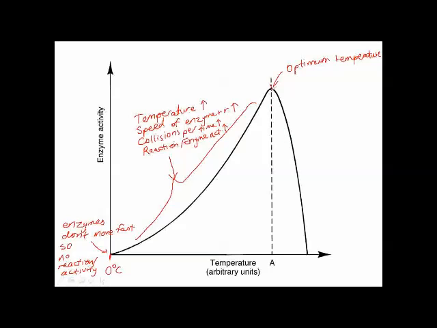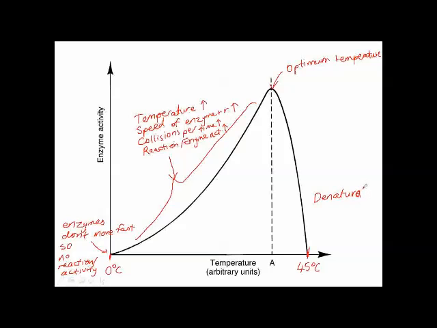But unfortunately, if we go slightly above the optimum temperature, so around 45 degrees, if we're looking at a standard human or plant enzyme, what's going to happen is we are going to get denaturation. We actually call it denaturation of proteins, but let's call it denaturation.